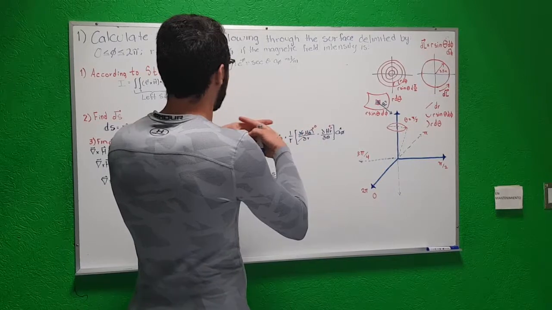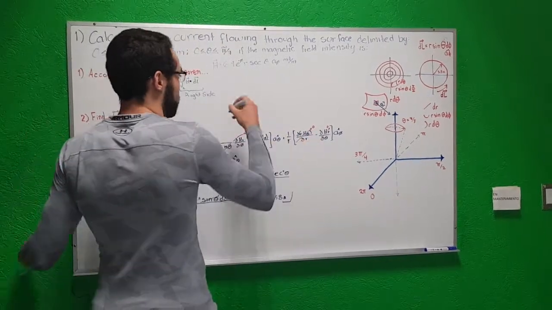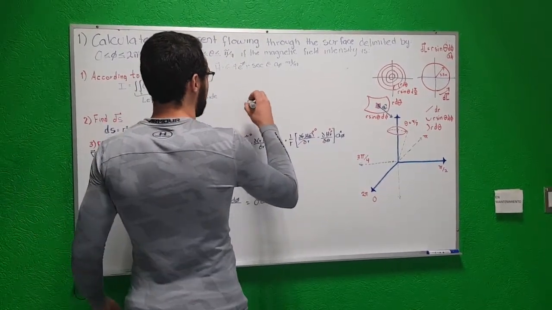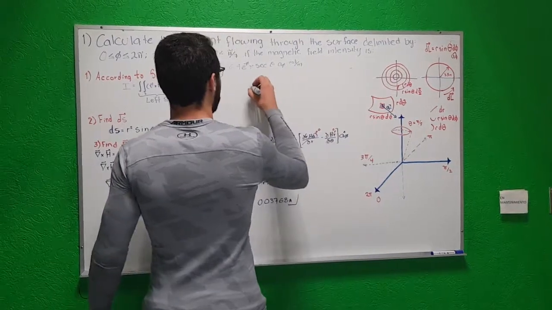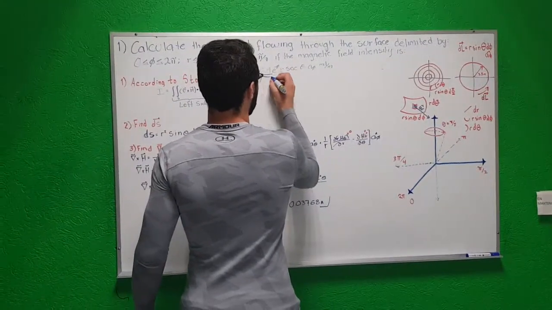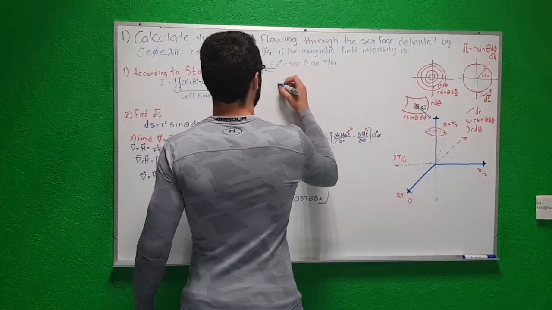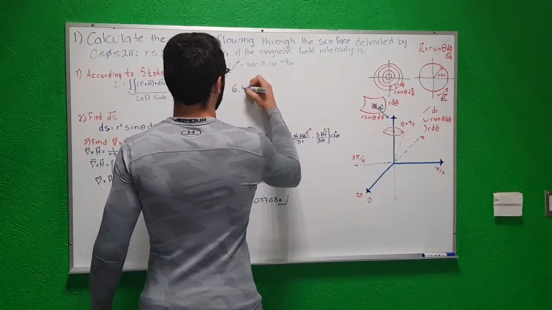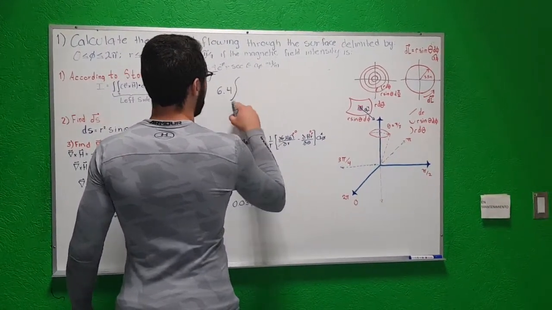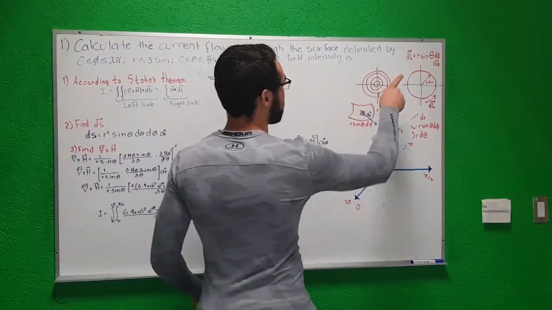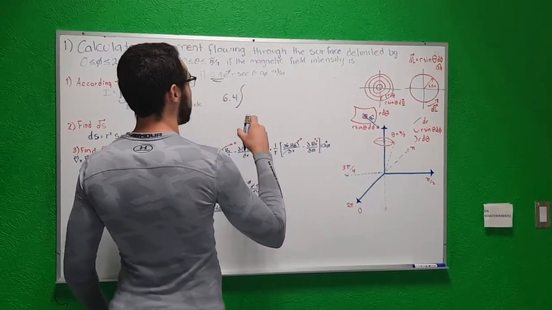Well, we'll make a dot product and we'll survive all the terms. So I just have d phi. I can take out this constant, 6.4, the line integral, but it goes on d phi.